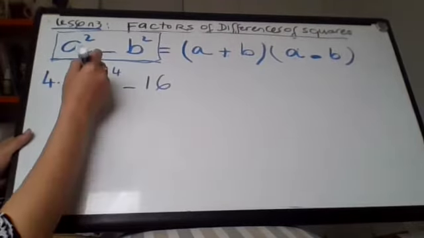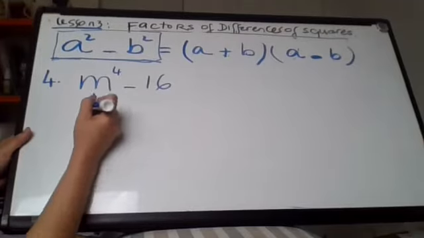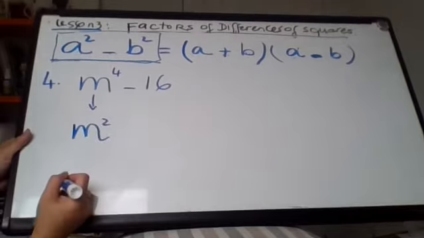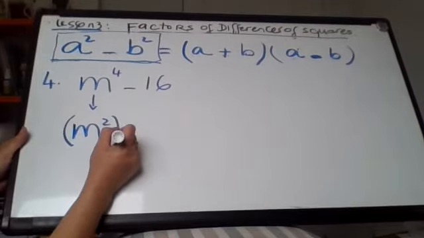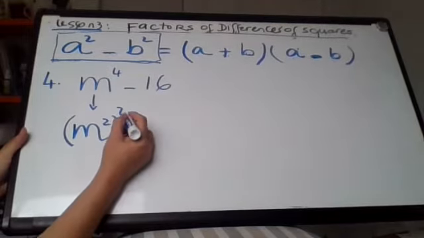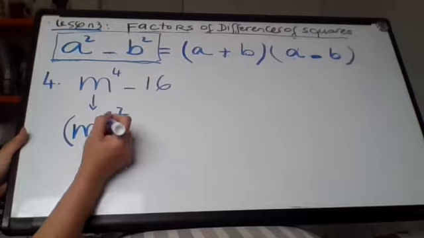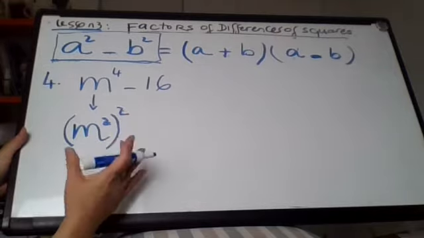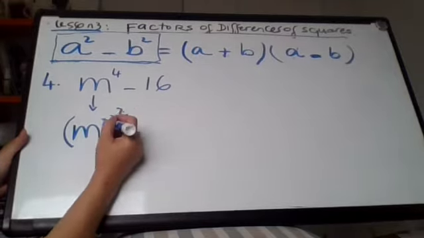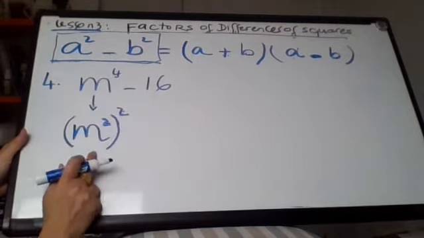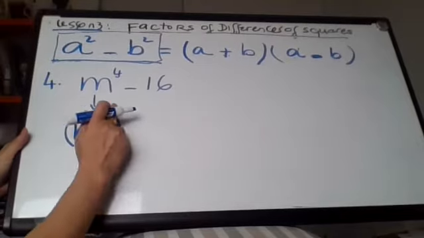It's hidden in here. To make it like a square, it will be m to power 2, then inside the bracket there's another power 2 outside, because 2 times 2, this is the double power, right? You multiply when you distribute, right? So power 2, then another power 2, double power, it means 2 times 2 here is 4.